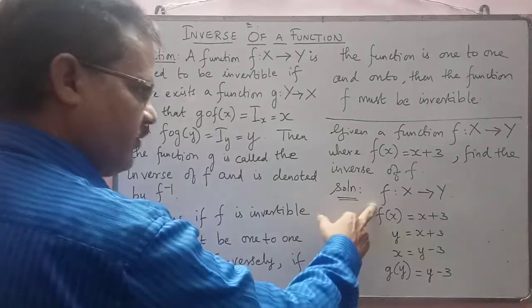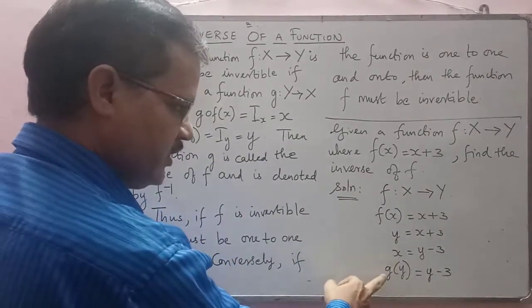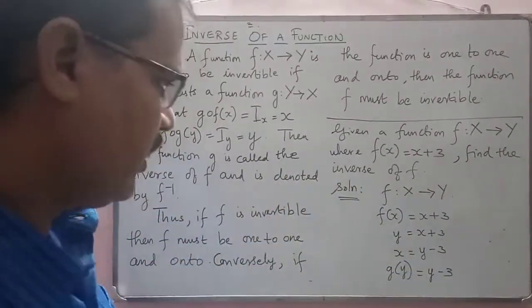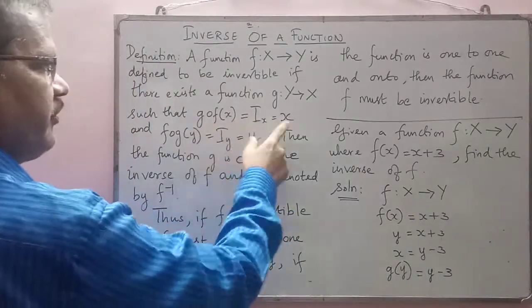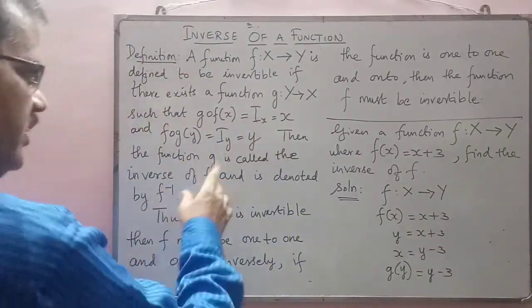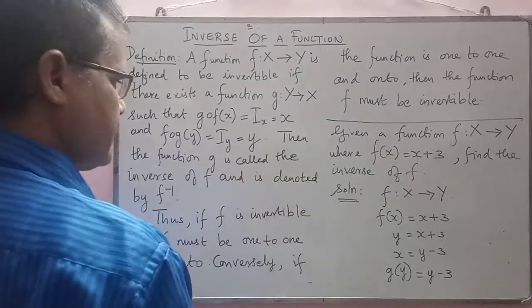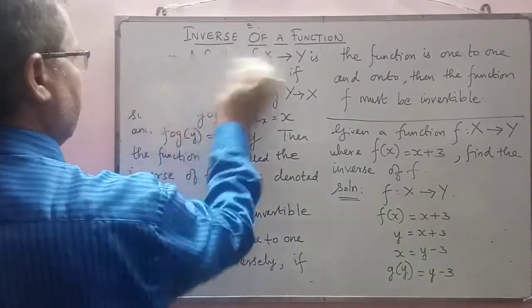There exists f of x and we have taken a function g of y. Now we have to check whether g of f of x is x and f of g of y is y. Then we call that an inverse exists and g of y is the inverse.